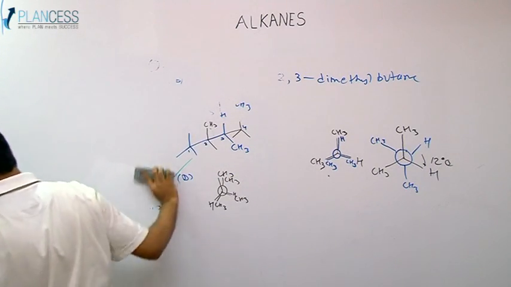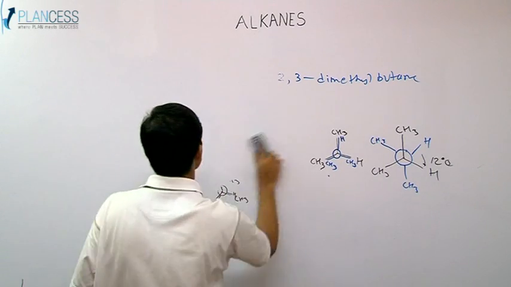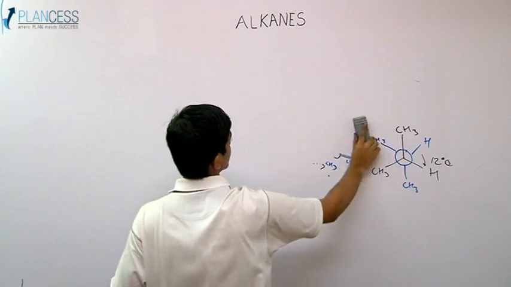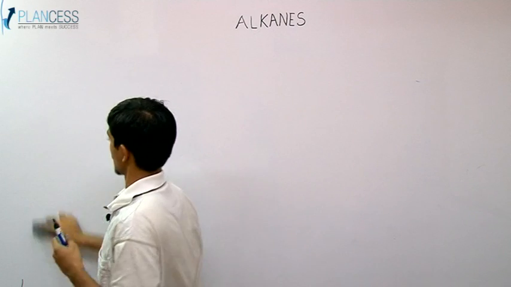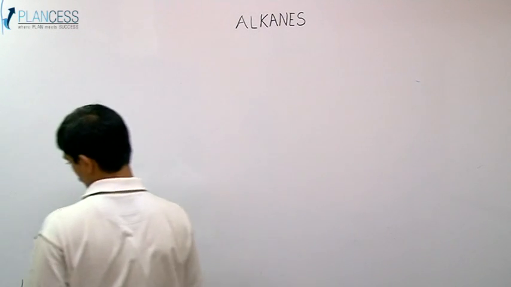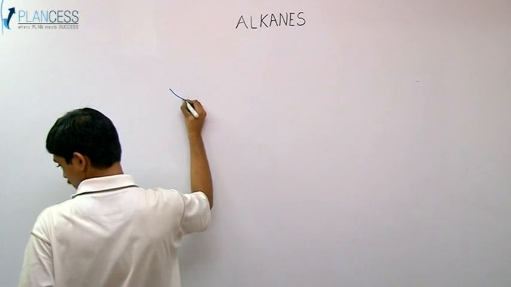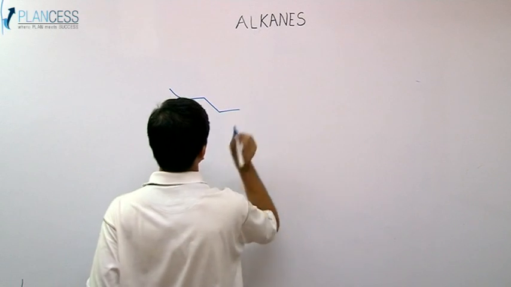Now the question says that there is a compound and you have to find out how many isomers are possible if that compound is monochlorinated. Now that means that you need to find out the stereoisomers also. So we have one carbon like this, another carbon like this, one carbon like this, another carbon like this.